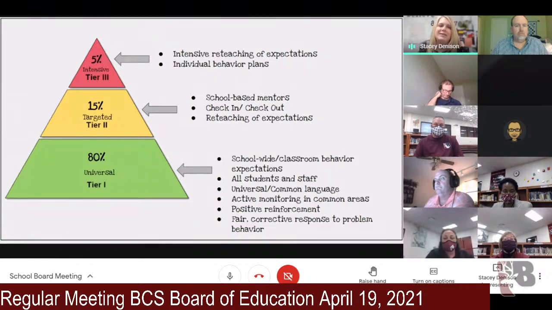Our tier 2 students are assigned a building mentor that checks in with that person upon arrival and dismissal. They set mini goals throughout the day, earning points as a behavioral support. And then on the very top of the tier is your tier 3, which may require an individual learning plan, which we don't have any students in as of now. A majority of our students fall in tier 1 and tier 2.